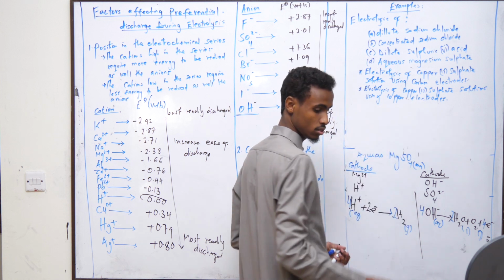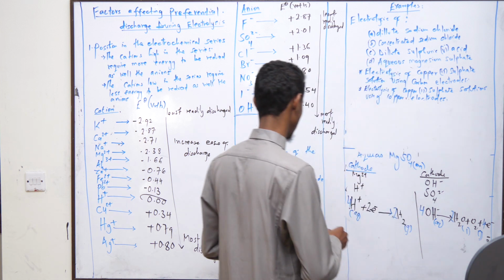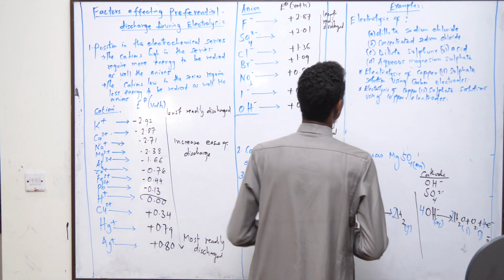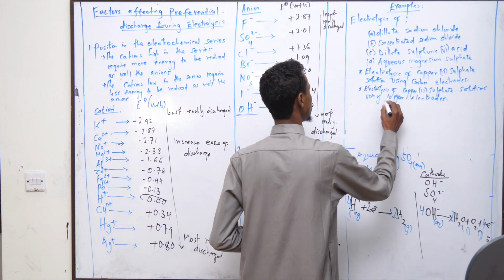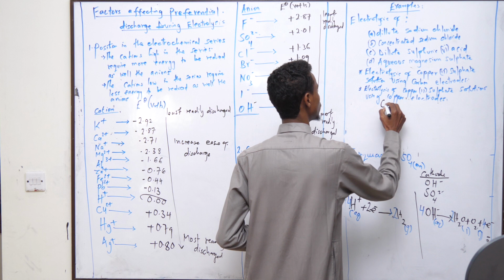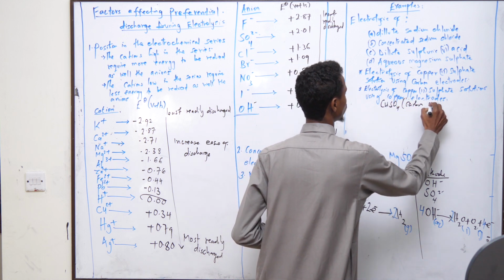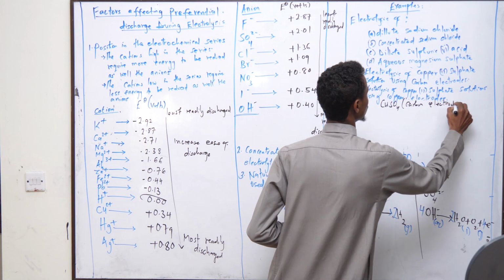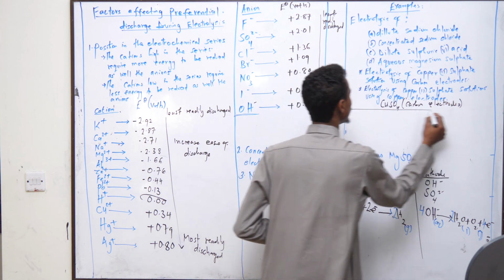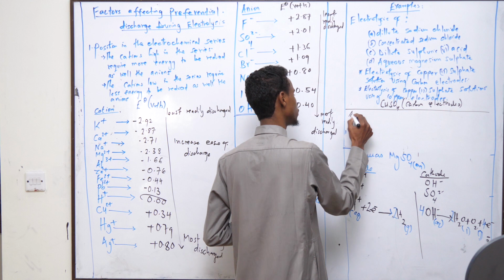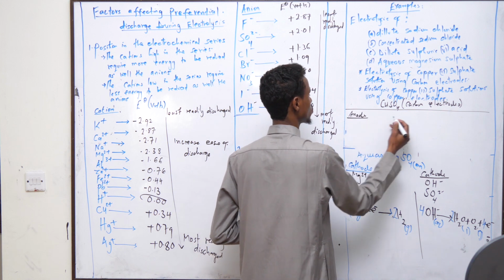Now let's discuss number 1. Copper 2 sulfate, carbon electrodes. Now we have our anode. We also have our cathode.